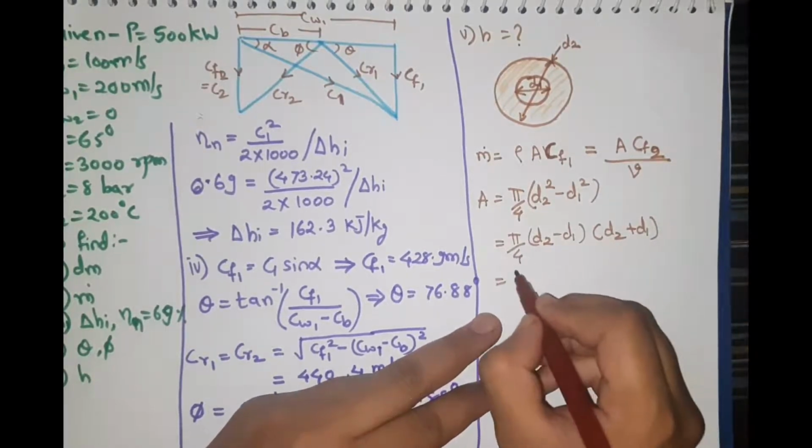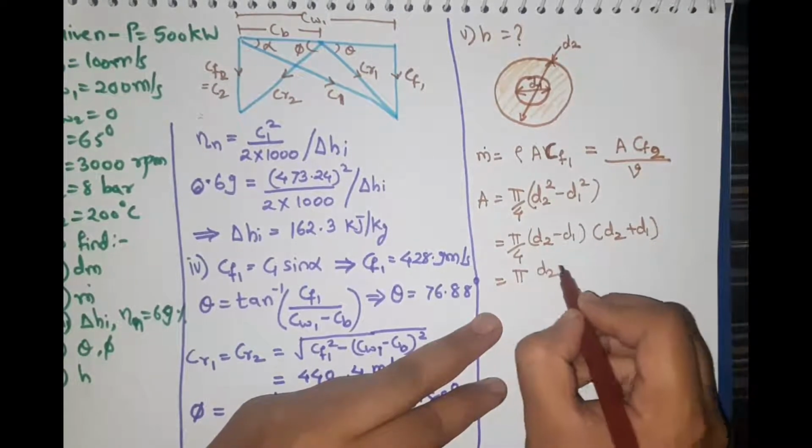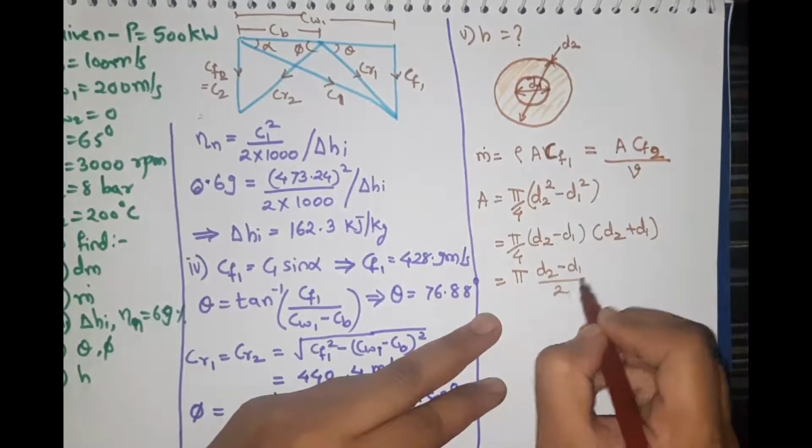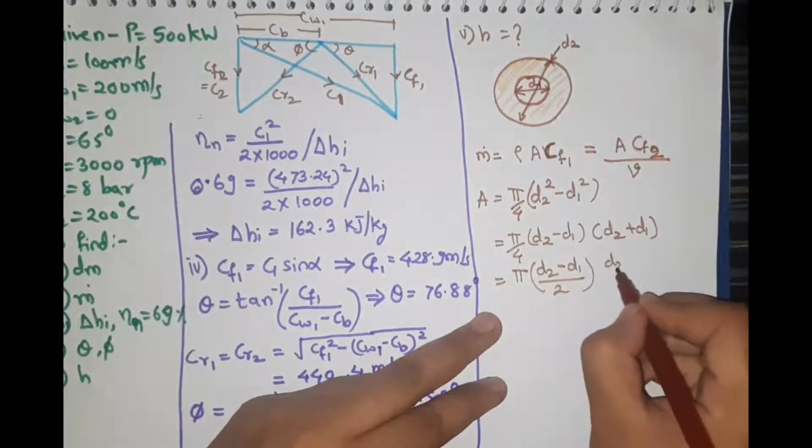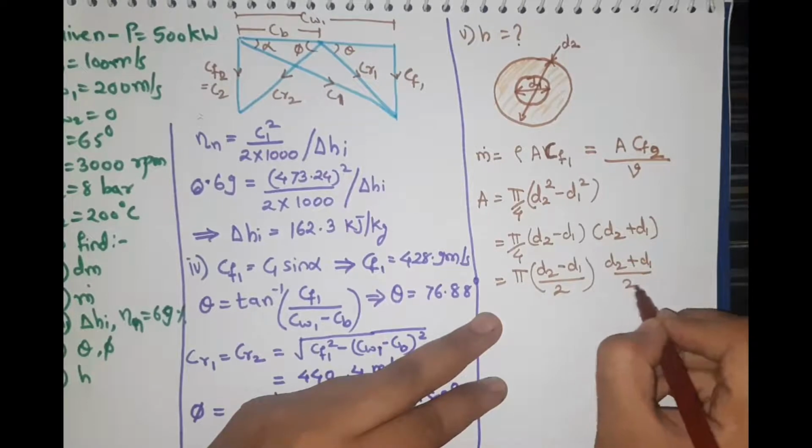Let's split this 4 also. So pi d2 minus d1 by 2 into d2 plus d1 by 2.